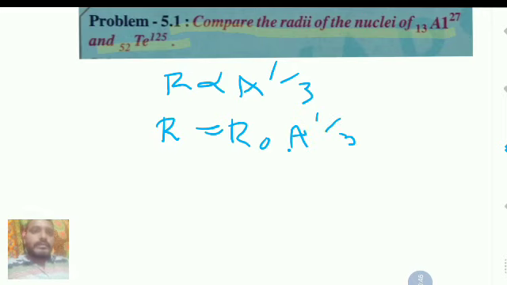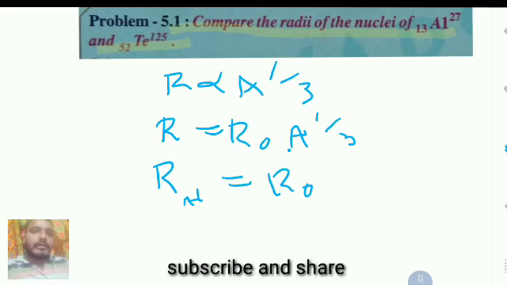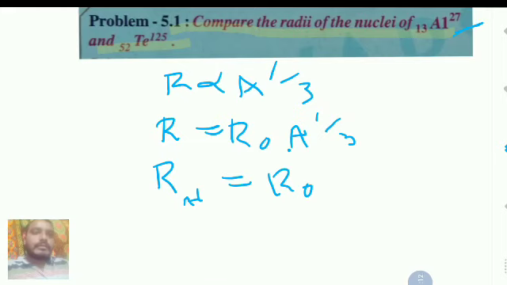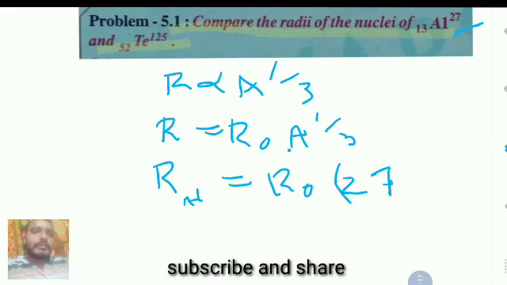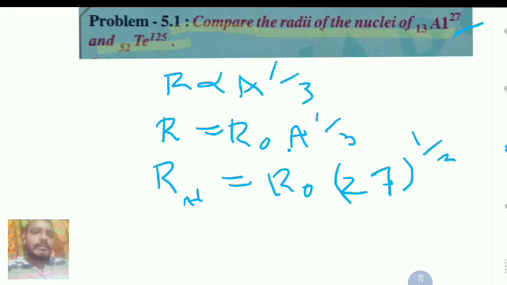So comparing the two formulas, first the aluminium radius, where r means the radius of the aluminium, so r_Al is equal to r naught, atomic mass given as 27, so 27 whole to the power of 1 by 3.